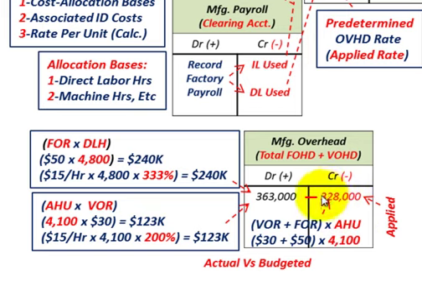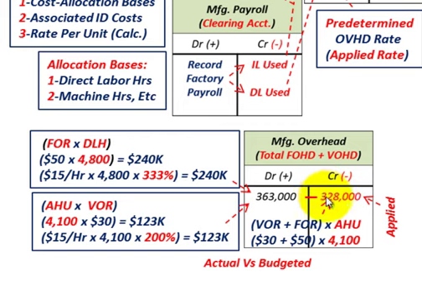That's going to give you $328,000 that you're going to move out of this manufacturing overhead account as those indirect costs, and they're going to move into work in process. So that is our applied rate. We went through that entire calculation up above to determine the applied rate. That's pretty much the end of our discussion.